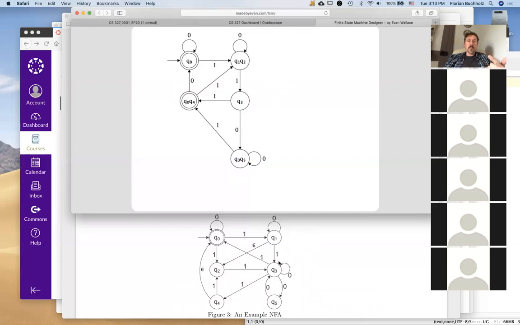And from Q3, I can go to Q3, so Q3 needs to be in my target state. So Q3 and Q5 are my target, and my source was either Q3 and Q5, if that helps you. Did that make it better? Worse?